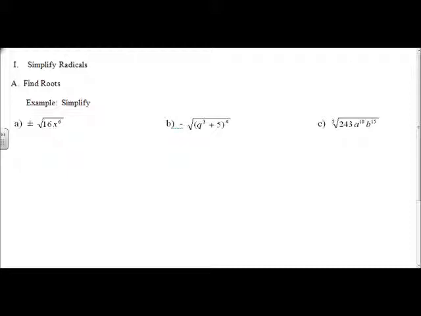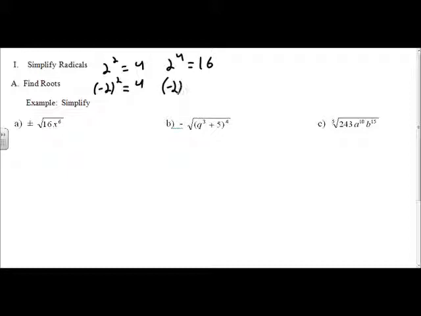Another thing to remember is if we are squaring something, say I have 2 squared, that's going to be 4. But if I have negative 2 squared, negative 2 times negative 2, that's also 4. Similarly, if I do 2 to the fourth power, if we look at our table, 2 to the fourth power is going to give us 16.